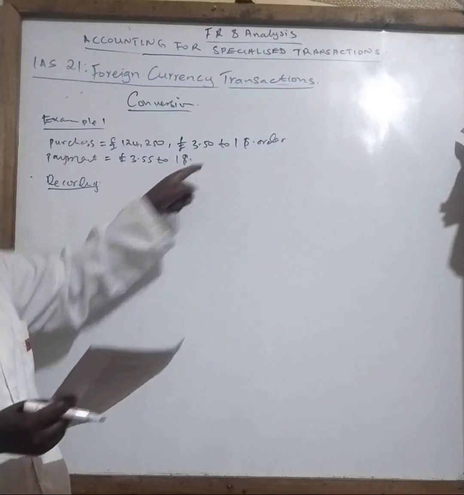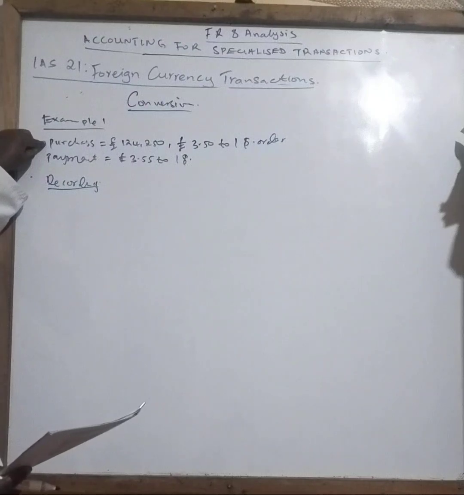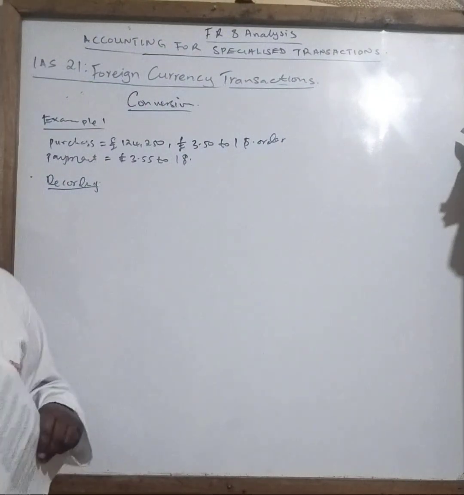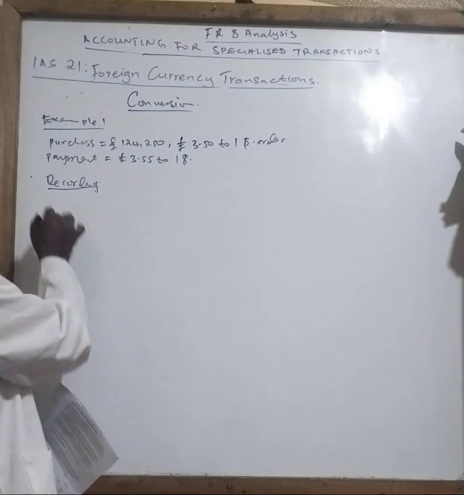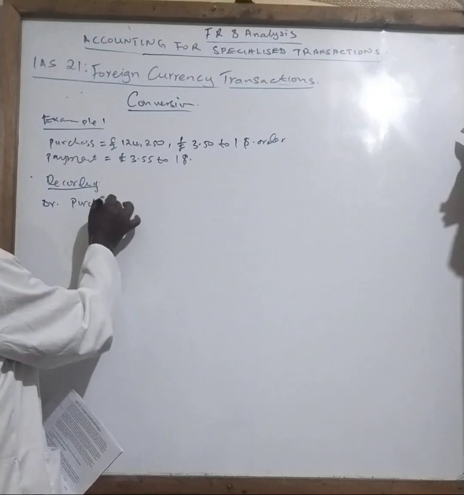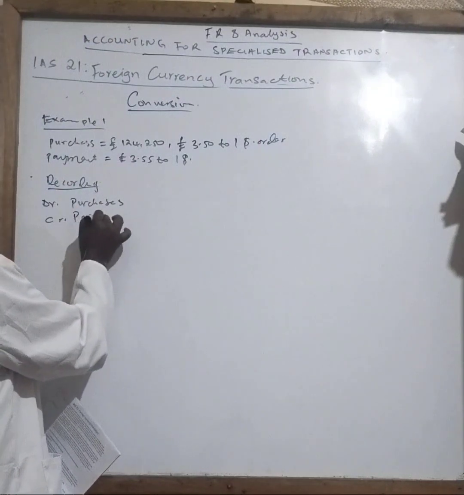The two accounts are the purchases account and the payables account. We are debiting our purchases, so you debit purchases account, then you credit your payables account.